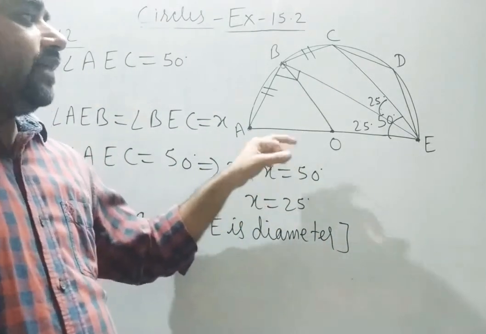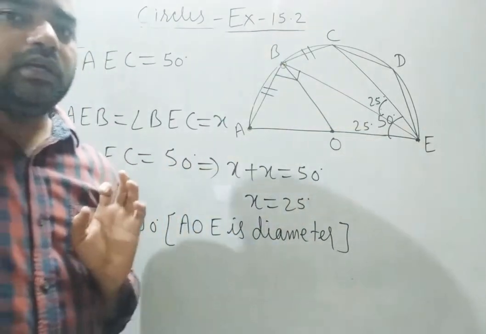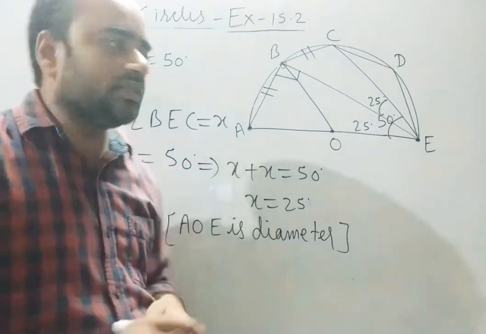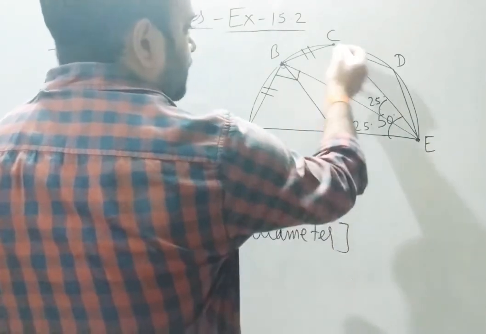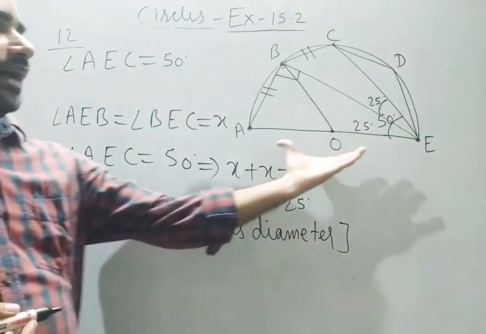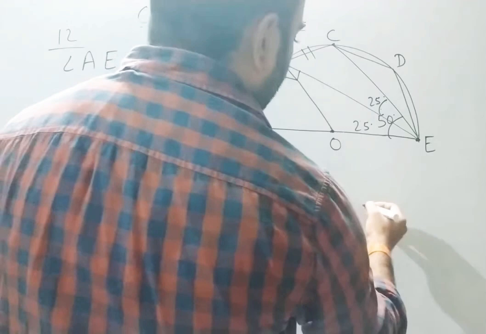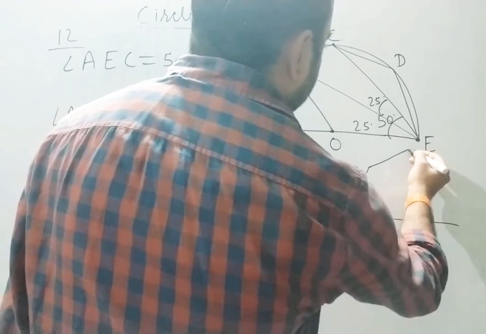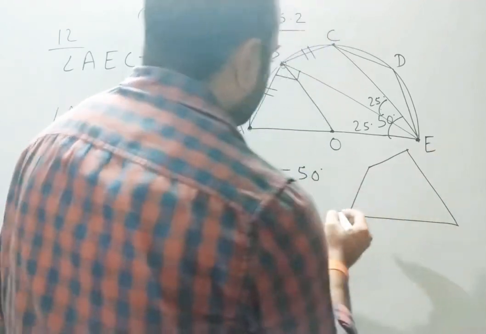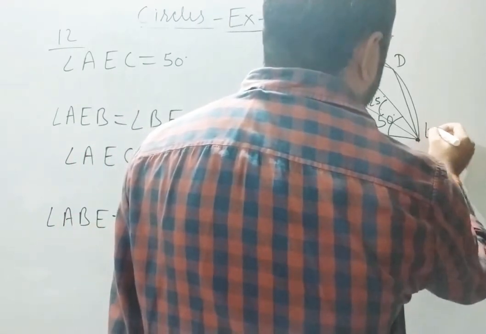Then after that we are having one cyclic quadrilateral. Which one? ABCE. ABCE is a cyclic quadrilateral or not? See, 4 points. 1, 2, 3, 4. These 4 points lie on a circle and are joined by straight lines to form a quadrilateral. See, I am drawing it in short: A, B, C, E. This is a cyclic quadrilateral.